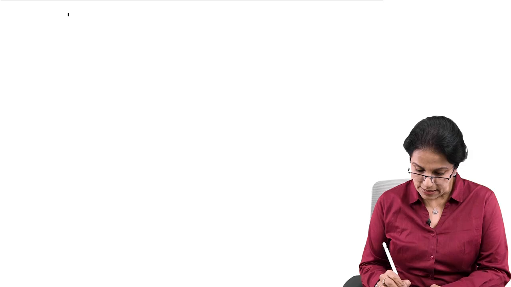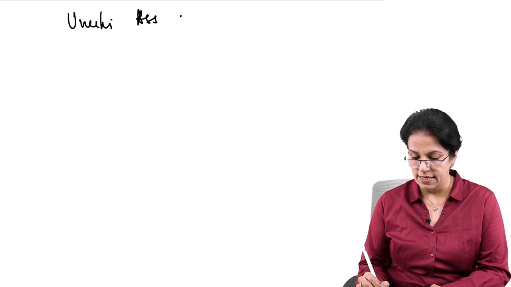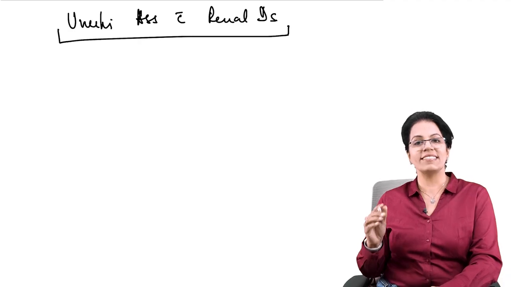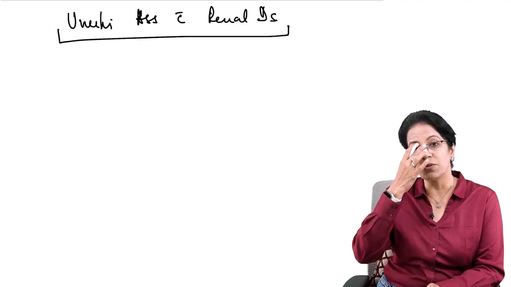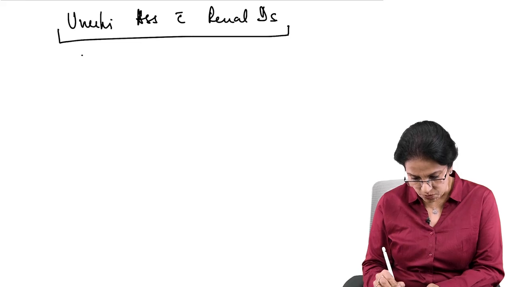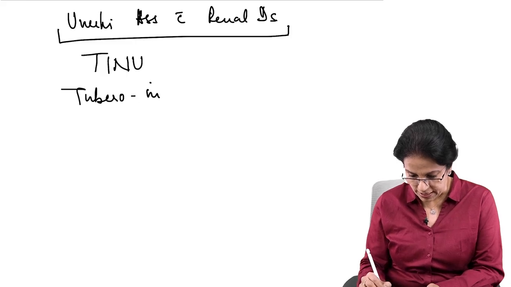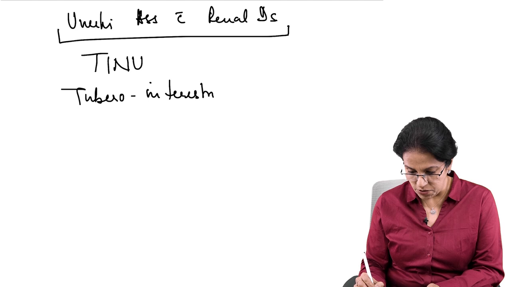Next we talk about uveitis associated with renal disease. But let's learn one line here. Again, I would say this is an extra point and hardly asked in the exam, but let's know it. It's interesting. What is TINU? TINU is nothing but tubulointerstitial nephritis with uveitis.